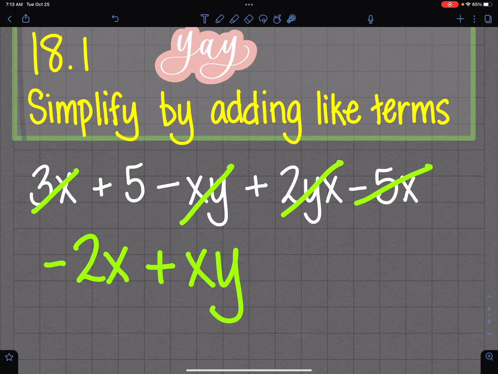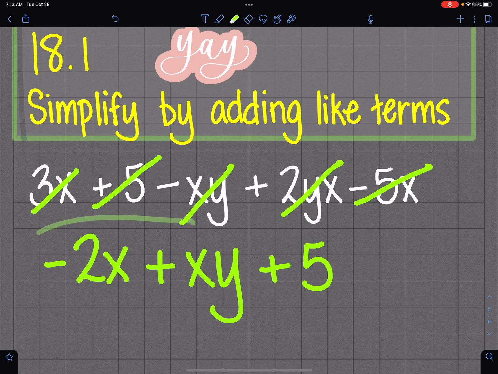The only thing I have left is this lonely little 5, and there is nothing like it, meaning there's no other number. So if there's nothing like it, all we do is bring it on down, and then cross that out. I've crossed everything out, so I know that I'm done. And this is the final answer.